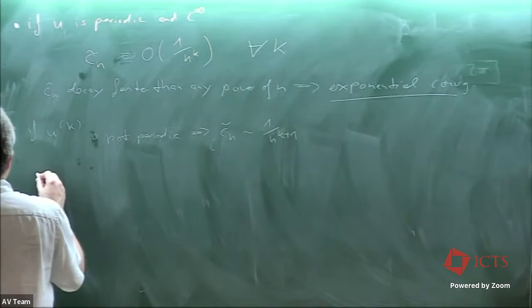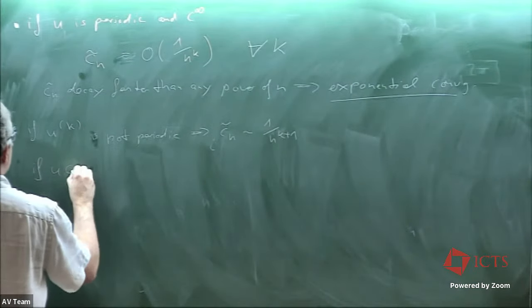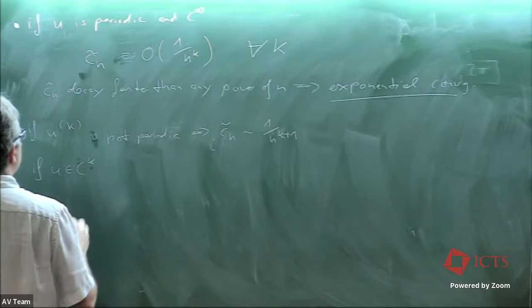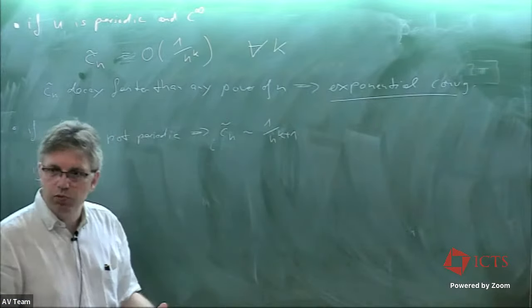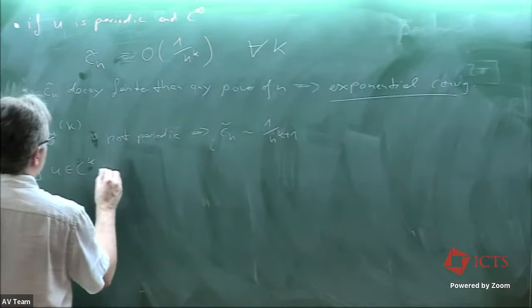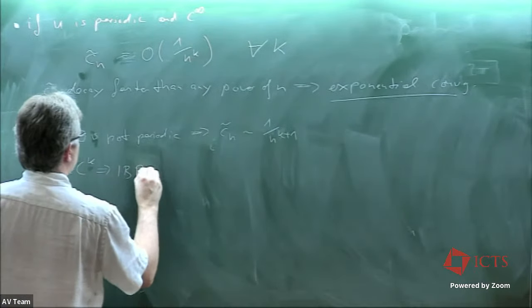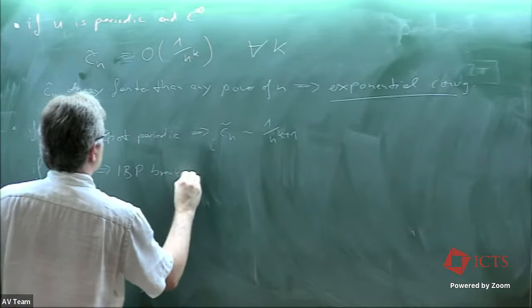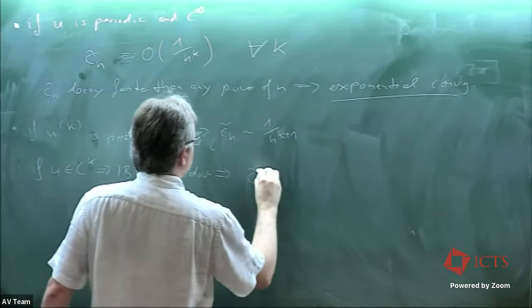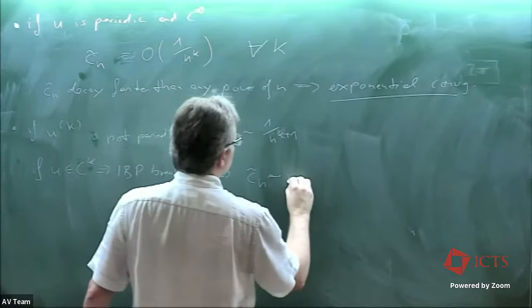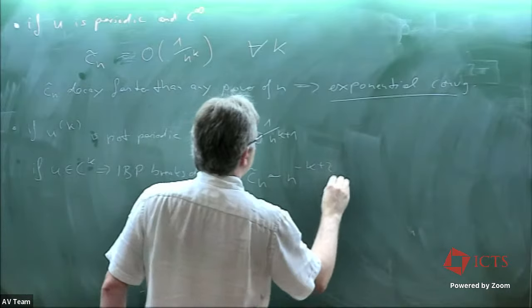And finally, if U is only an element of Ck, so it's k times continuously differentiable, then the integration by parts breaks down. And we find Cn is going like n to the minus k plus 2.